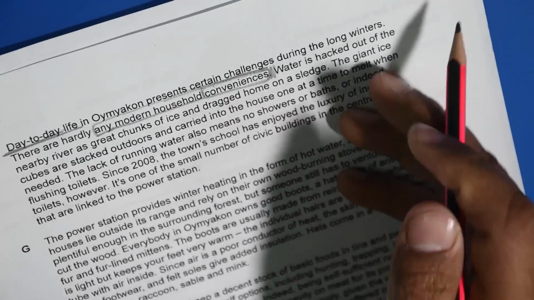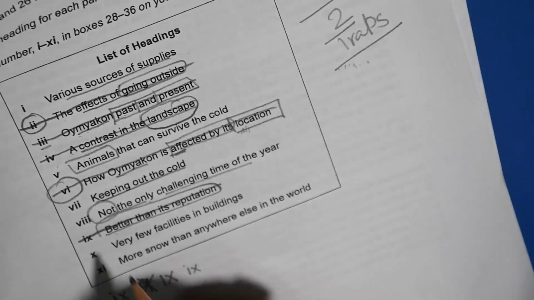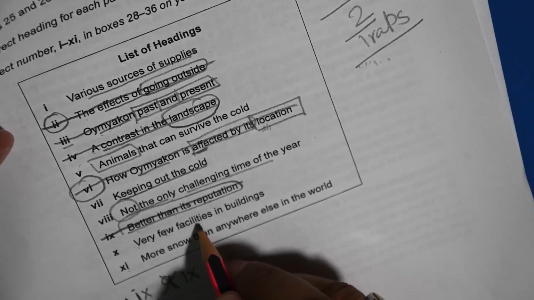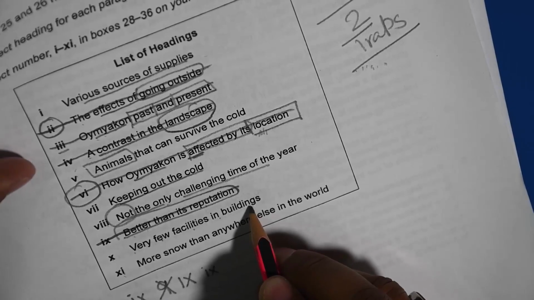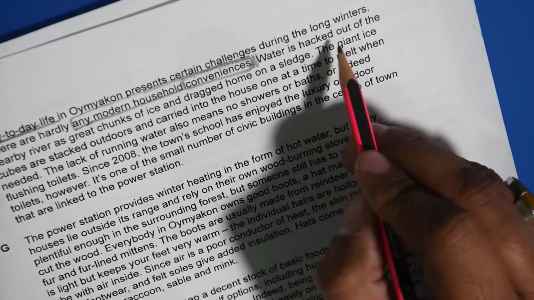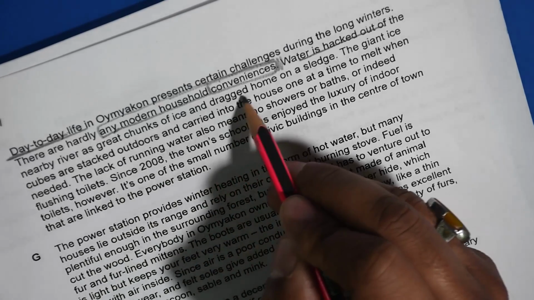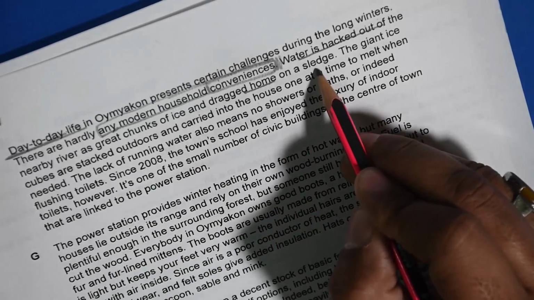Now I don't need to read on because I know there is one option that can be the right option. Very few facilities in buildings. Now where is buildings? If you just read ahead: water is hacked out of the nearby river as great chunks of ice and dragged home on a sledge.